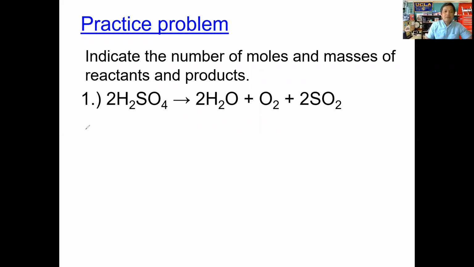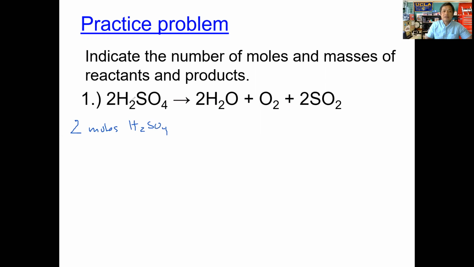We have 2 moles of H2SO4. We get this information directly from the balanced equation. There's the 2, and that's how we know we started out with 2.